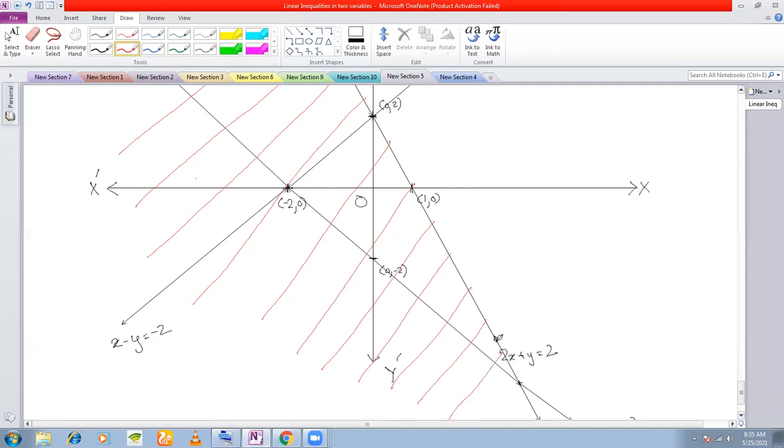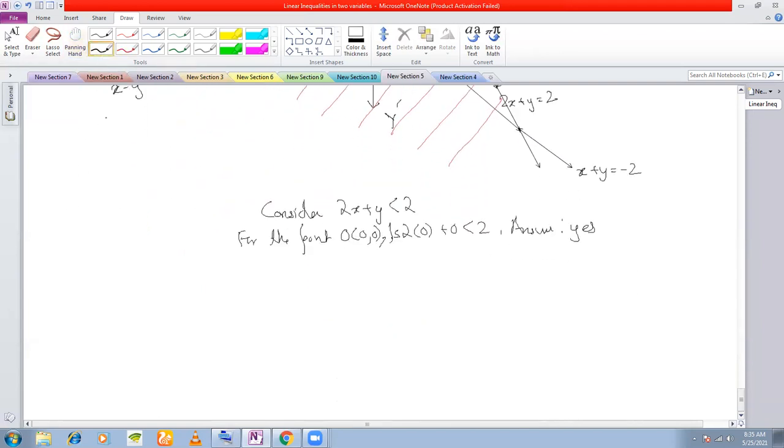Consider the next inequality. The next inequality is x minus y greater than minus 2.